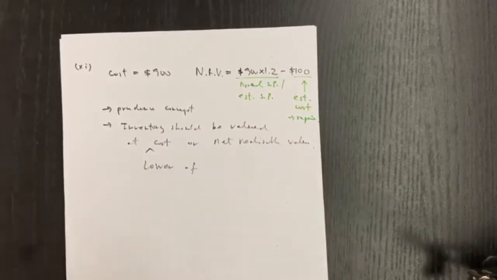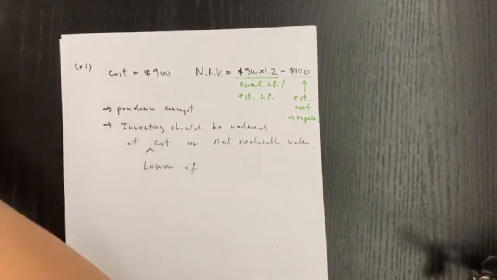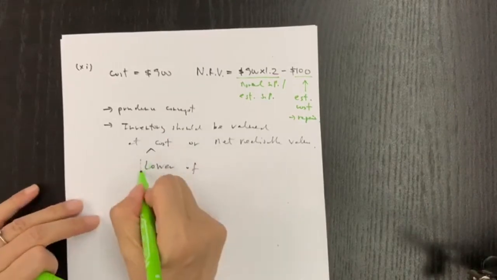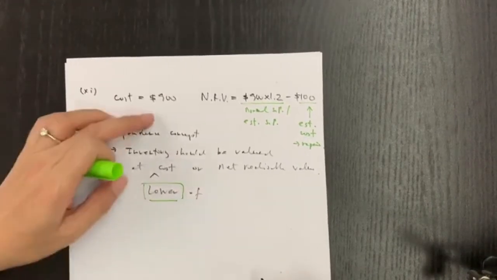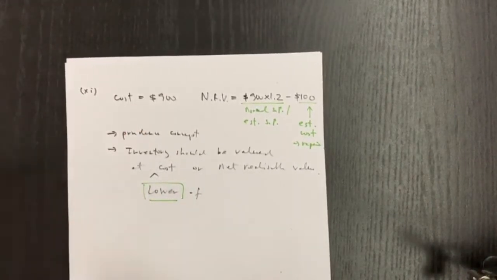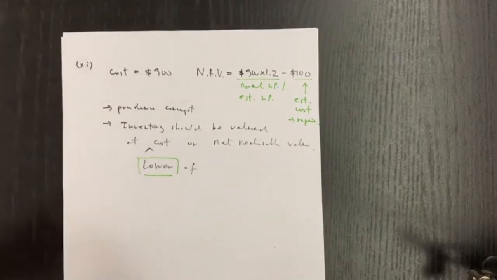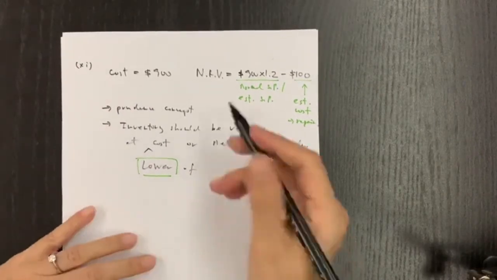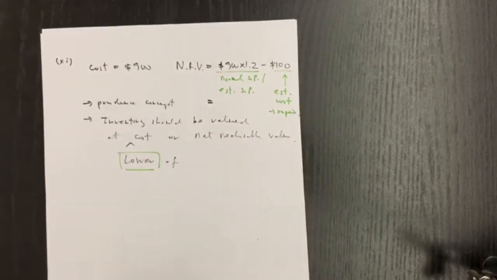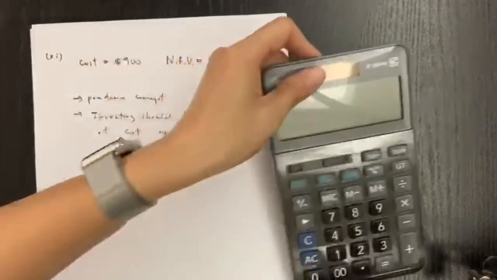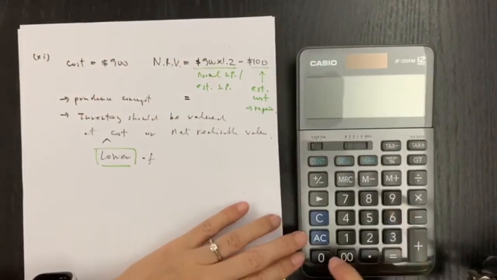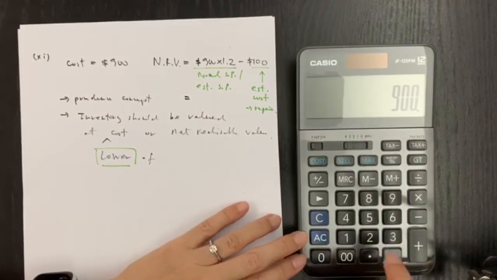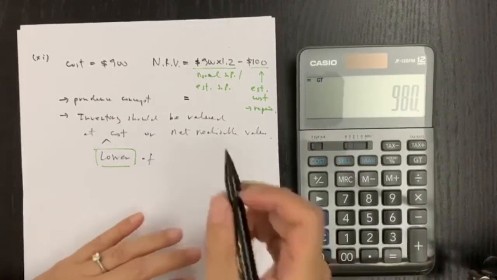So we choose the lower one because of the prudence concept. Which one is lower? Cost is 900, and how much is net realizable value? Let me use my calculator. 900 cost, change that back to selling price, so times 1.2. However, we need to spend 100 for repair, so 980.